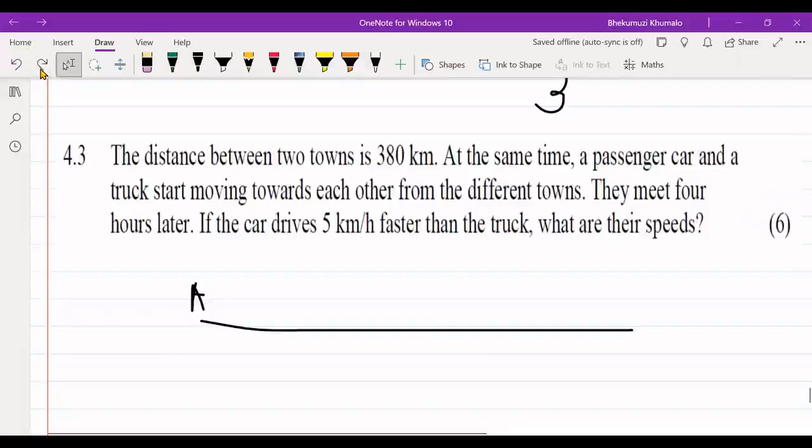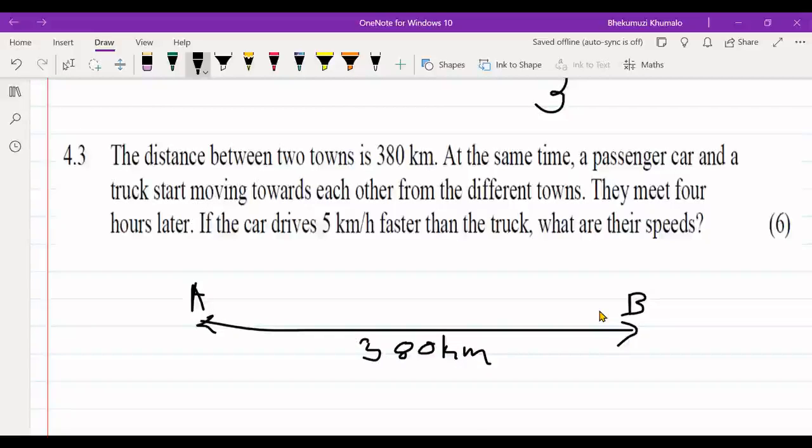So the distance from here to there is how much? It's 380 kilometers, right? Okay. At the same time, a passenger car and a truck start moving towards each other.